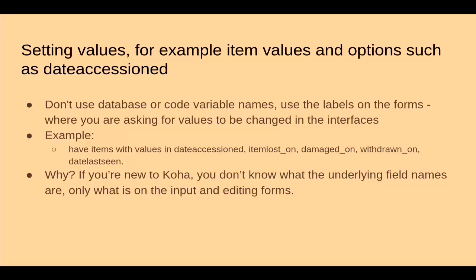Most of the time I can figure out items.lost for the item record, but some of them don't necessarily match up with what the label is on the form. So having the name, and maybe putting those in brackets, is good, because if we're not a developer, we won't know what the underlying field names are that you're changing.